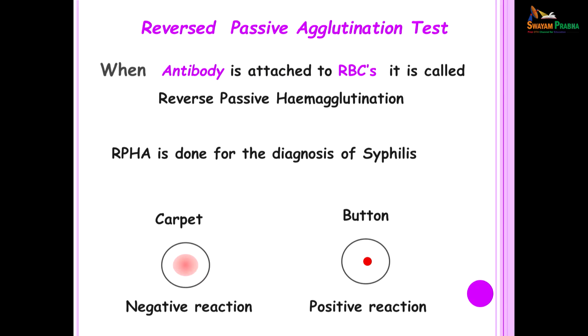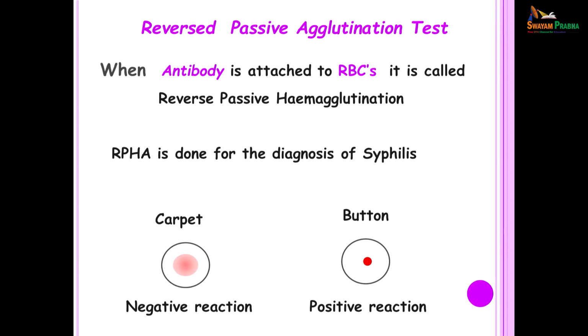When antibody is attached to red blood cells, the test is called a reversed passive hemagglutination test. RPHA is done for the diagnosis of syphilis. This test is usually performed in microtiter plates, and if you get a carpet at the bottom, it indicates a negative reaction, whereas a button which shows agglutination indicates a positive reaction.